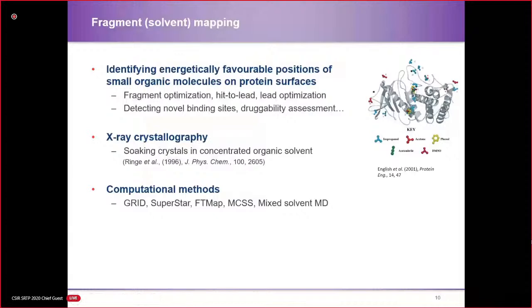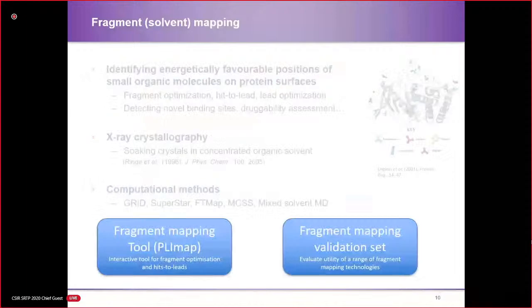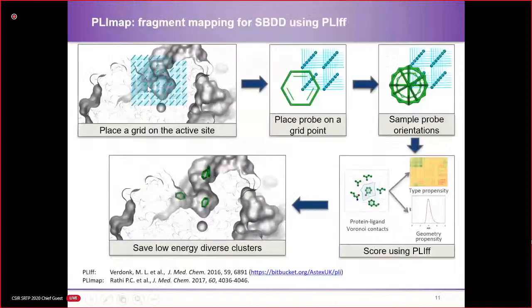The PLI map is a computational analog of this. How the PLI map works is that you take your protein structure computationally, and then you place a regular grid over your active site.